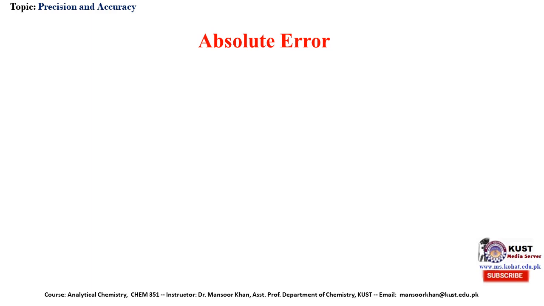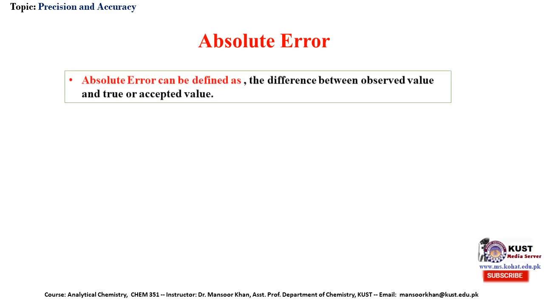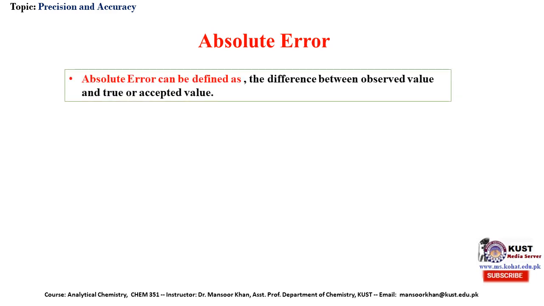Now the first one is absolute error. Absolute error can be defined as the difference between the observed value and the true or accepted value. If you know the true value of some sample, and you obtain results while performing an experiment, then the difference between the two is called absolute error.